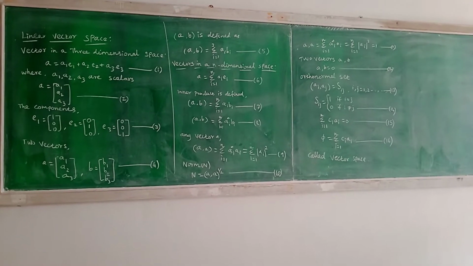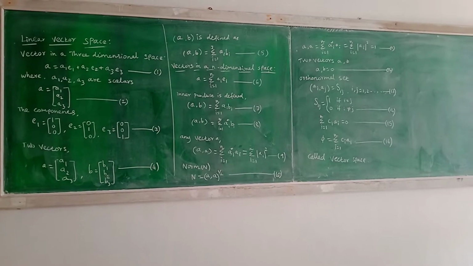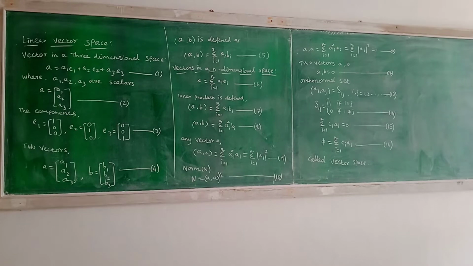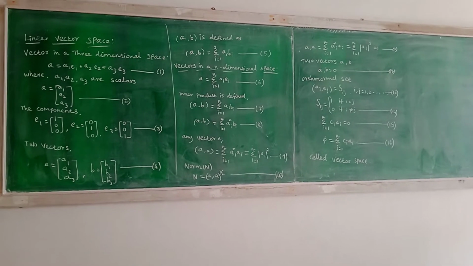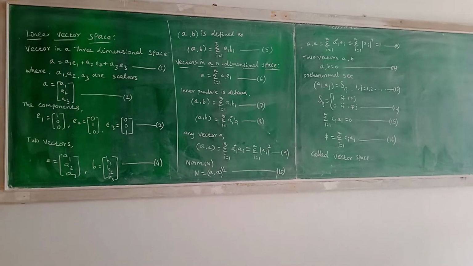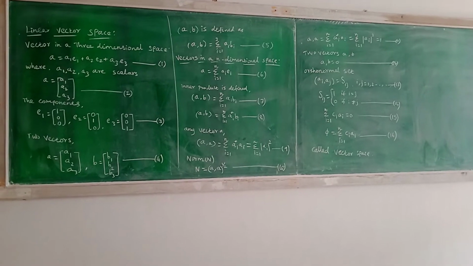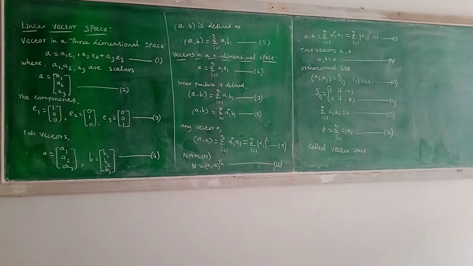The totality of all n-dimensional vectors is called an n-dimensional space, simply an n-vector space. In this space, the inner product is defined as A·B equal to the summation over i equal to 1 to n of ai bi.